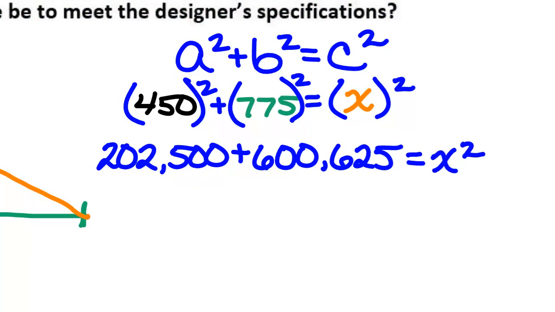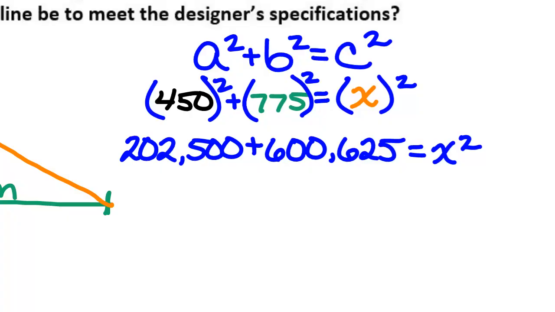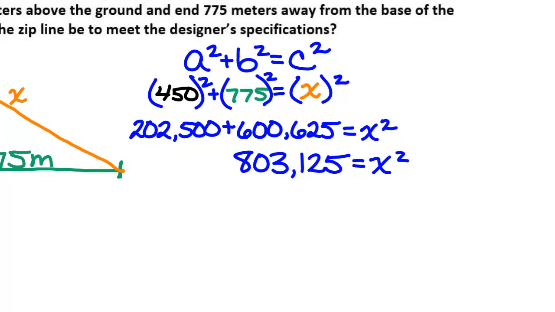So when I add those two together, it's going to give me x squared. What do we get when we add those two together? 803,125 equals x squared.